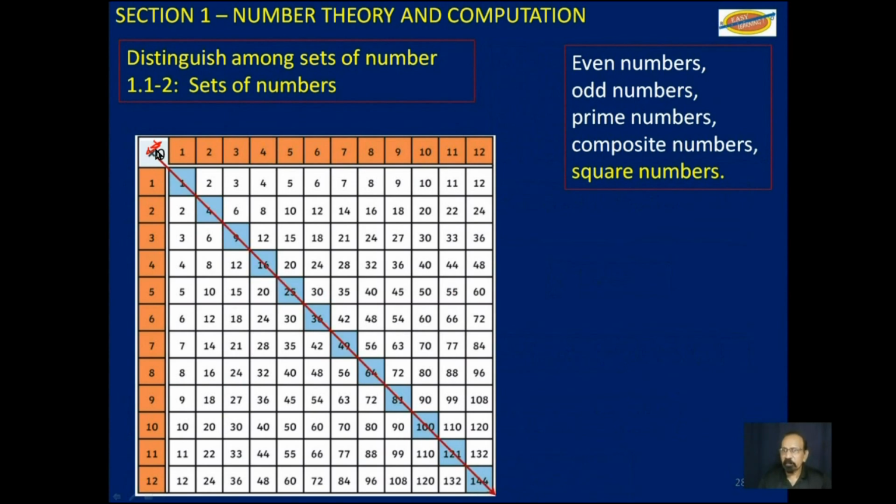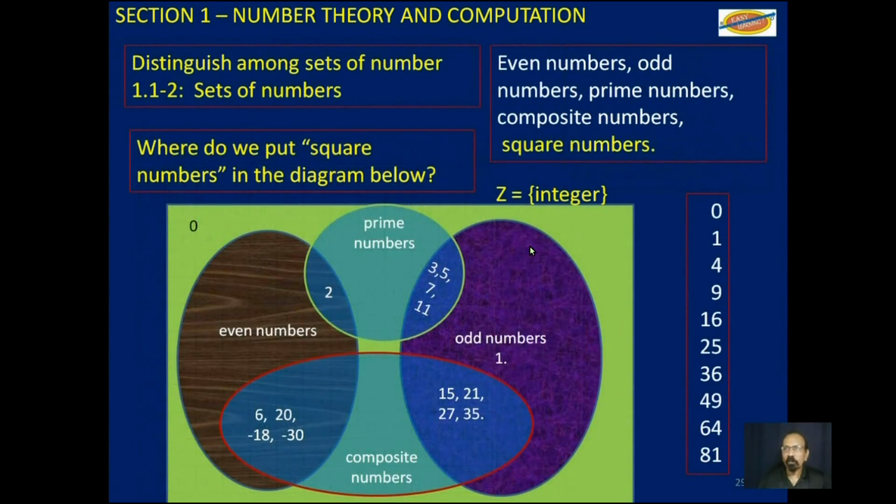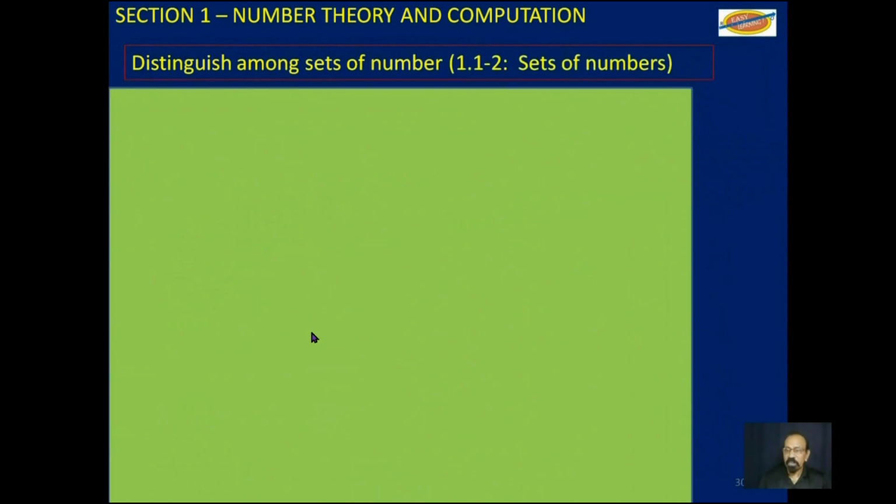All of those numbers that you see there are squared numbers. So 0, 1, 4, 9, 16, and so on. They are all squared numbers. So now, where are we going to put square numbers in this diagram? Let's change up the shape a little.